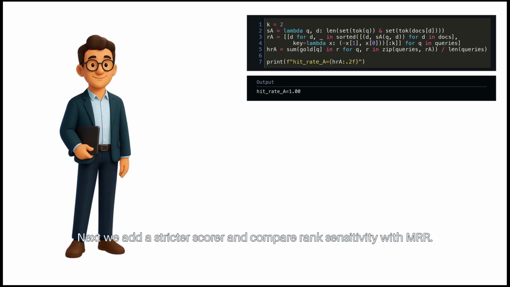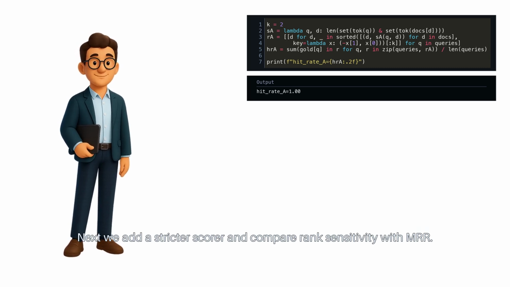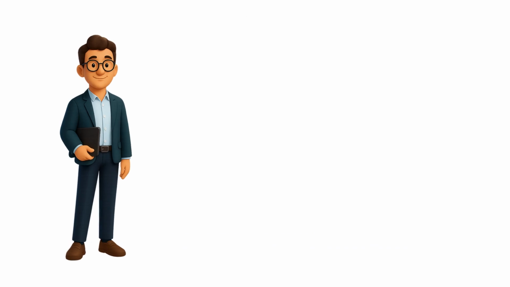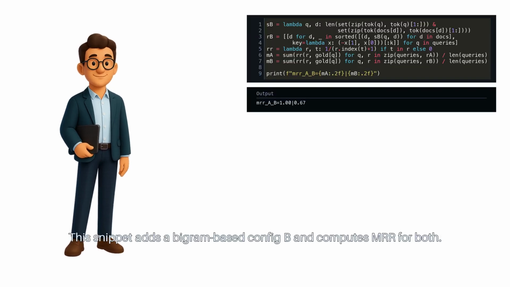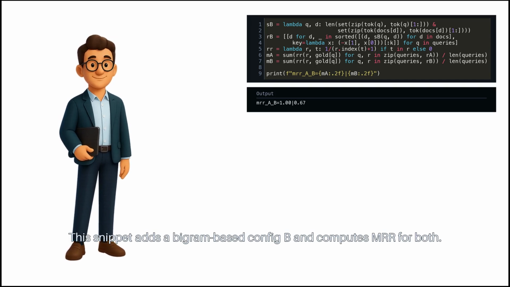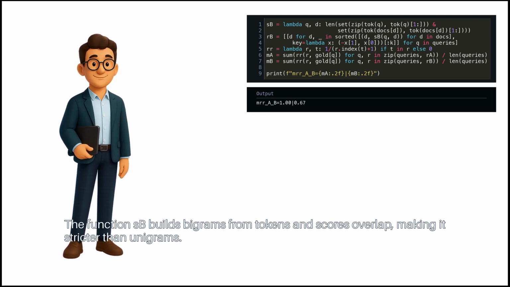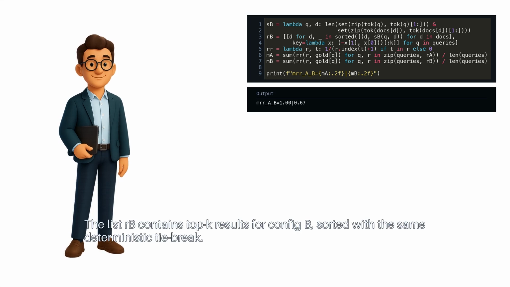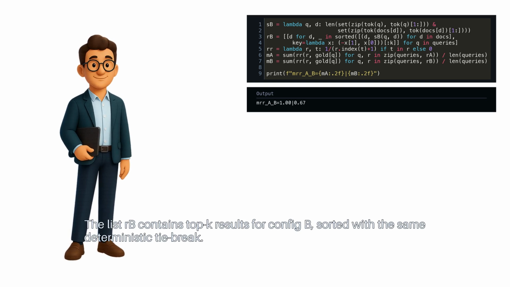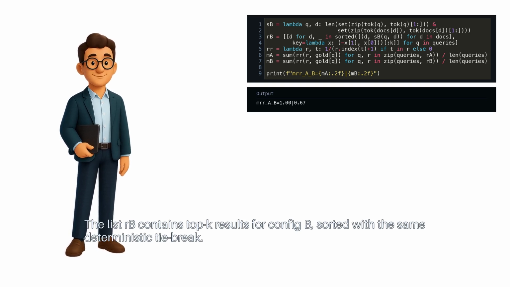Next, we add a stricter scorer and compare rank sensitivity with MRR. This snippet adds a bigram-based config B and computes MRR for both. The function SB builds bigrams from tokens and scores overlap, making it stricter than unigrams. The list RB contains top K results for config B, sorted with the same deterministic tiebreak.